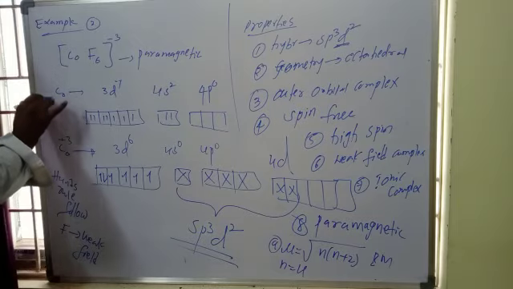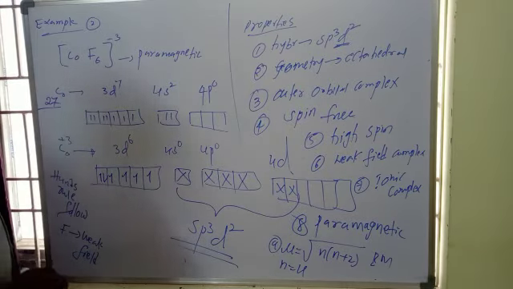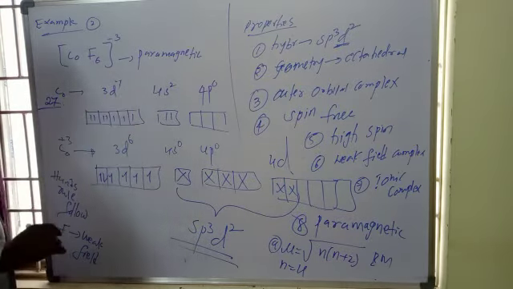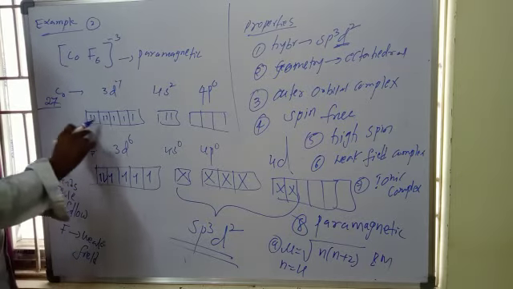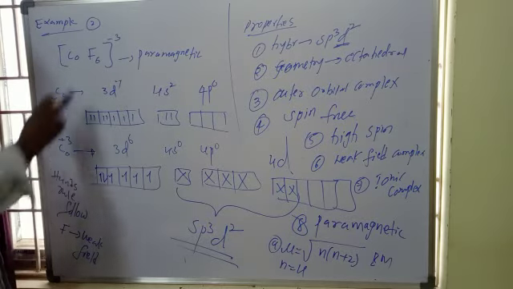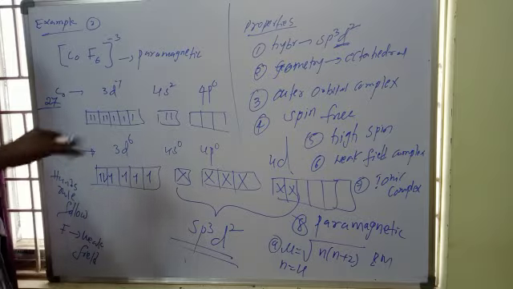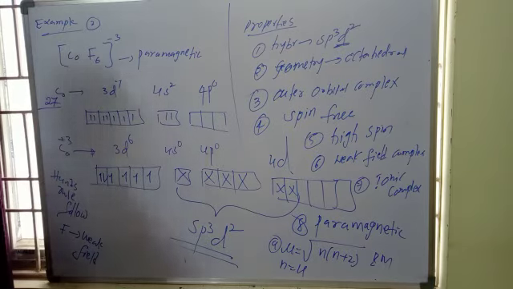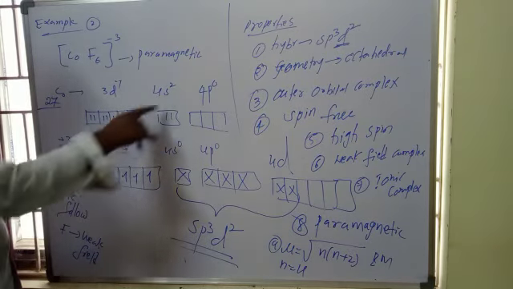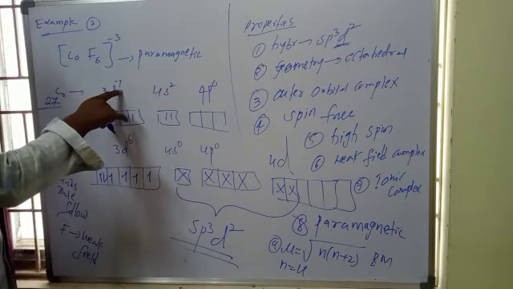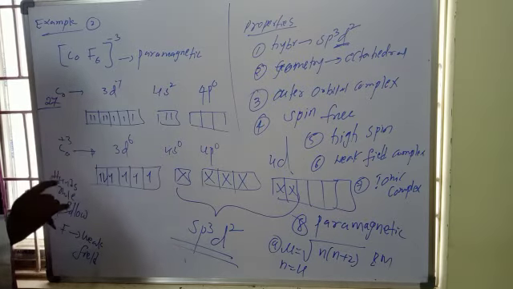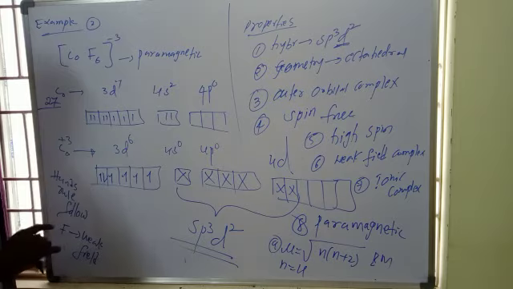But in the complex cobalt is +3, losing 3 electrons: 2 from the s orbital and 1 from the d, giving 3d6.